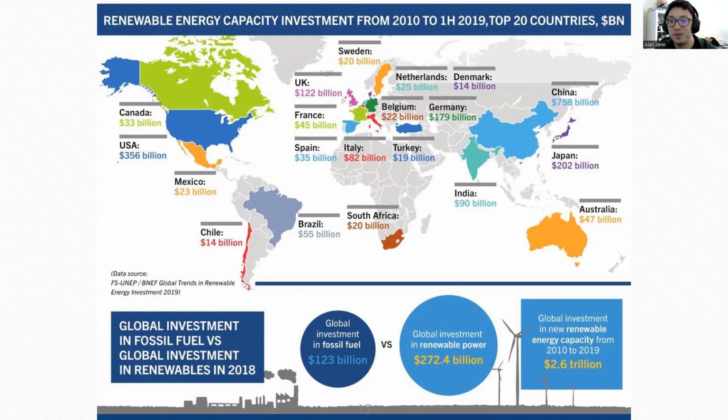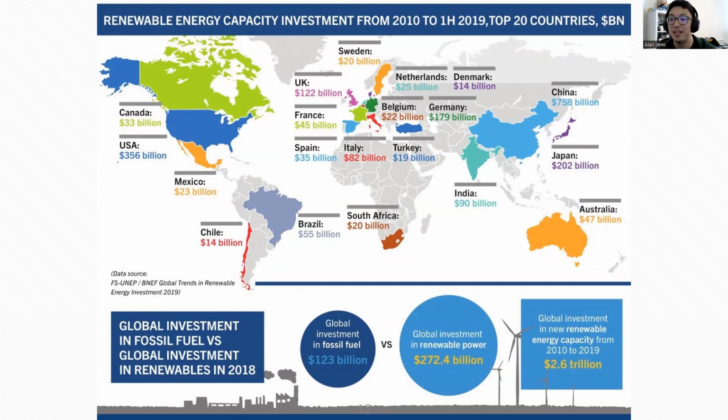You can see the total amount of investment amongst all of the countries here. We've surpassed the amount of investment in fossil fuels a little while ago, and so global investment in renewable power is quite a bit higher, almost double fossil fuel investments, and that was 5 years ago.